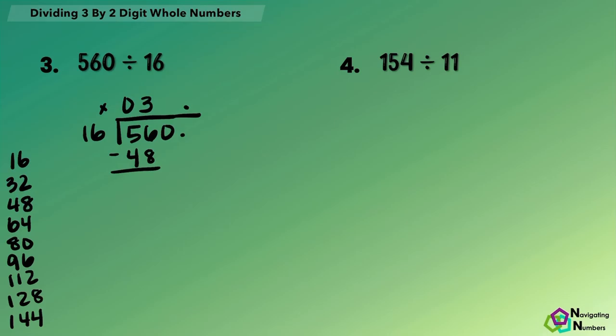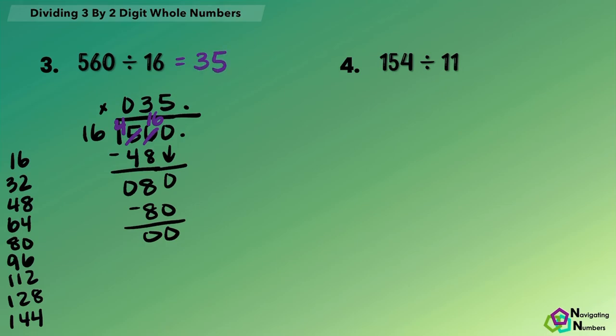So we have 5 becomes a 4. 6 becomes a 16. 16 minus 8 is 8. 4 minus 4 is 0. Bring down the 0. And we can see 16 goes in 1, 2, 3, 4, 5 times. 16 times 5 is 80. Remainder of 0. So 560 divided by 16 is 35.